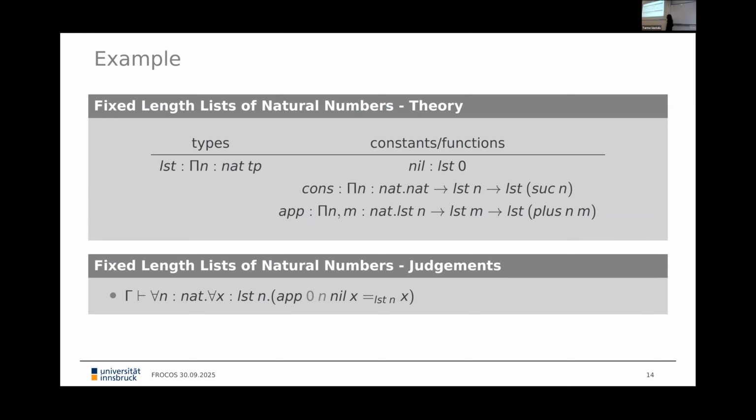These look as expected, but here we see already that in the append function, the list now has this plus in the type. So we already see this dependent typing aspect. And then we can make judgments. For example, this judgment down here, where we say that appending the empty list to anything is just that anything back.